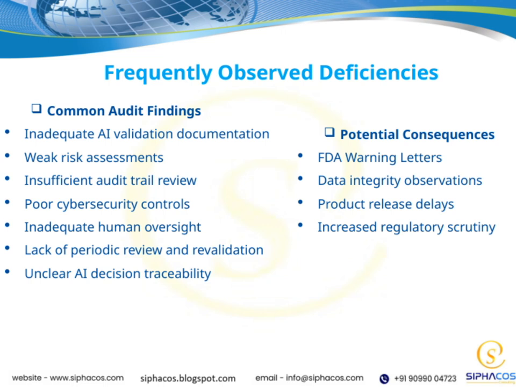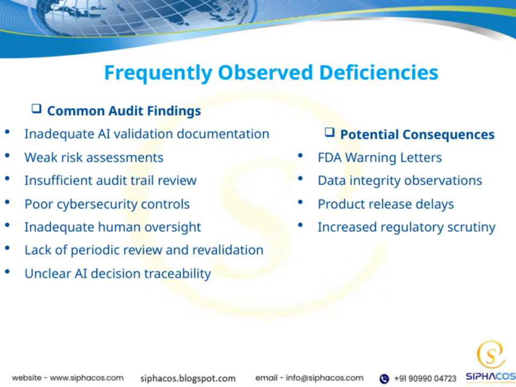Poor cybersecurity controls pose risks to data security and system integrity, while inadequate human oversight can lead to errors or unchecked biases. Another common problem is the lack of periodic review and revalidation, which can cause systems to become outdated or unreliable over time.